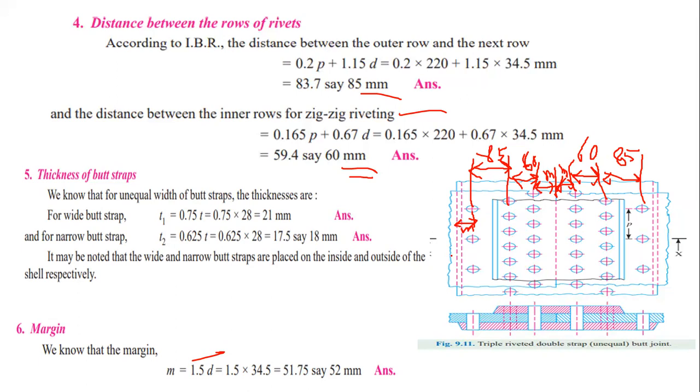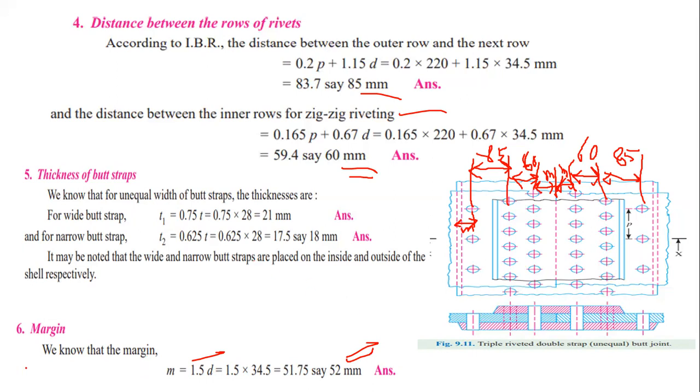For all types of joints, you have to consider the same margin value. 1.5 into D, so M equals 52 mm. These 6 steps are used for the design of longitudinal joints.